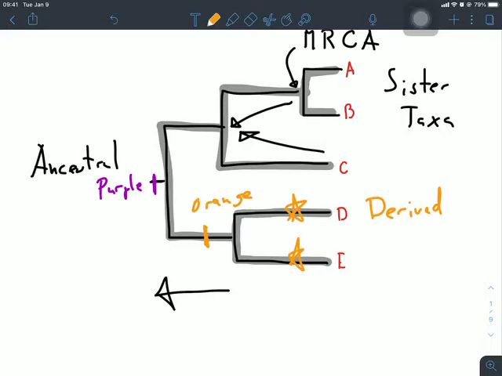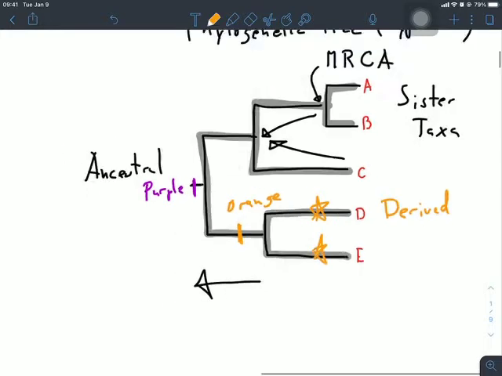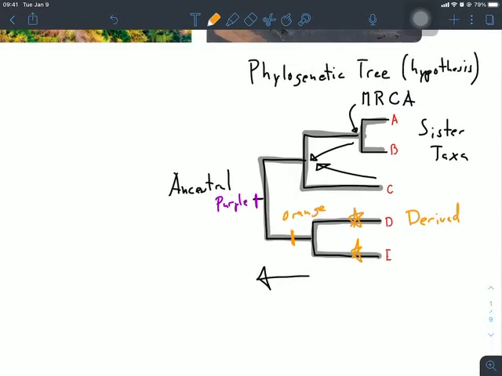Now, of course, if we have better evidence to suggest that these evolutionary transitions were actually separate, then that better evidence would be incorporated and our hypothesis would change. And so you will notice that our phylogenetic tree of life does shift throughout time.